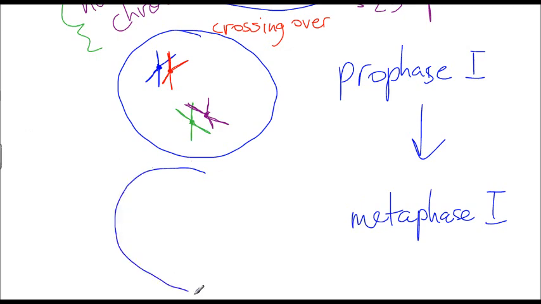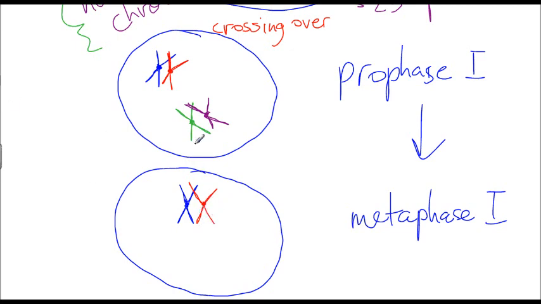Here we've got our cell, and very similarly to metaphase in mitosis, in meiosis the chromosomes still line up along the center of the cell.